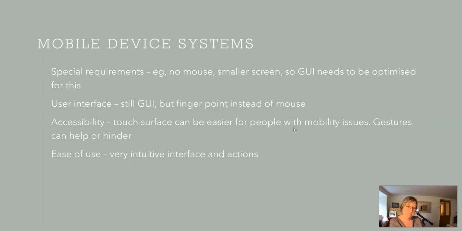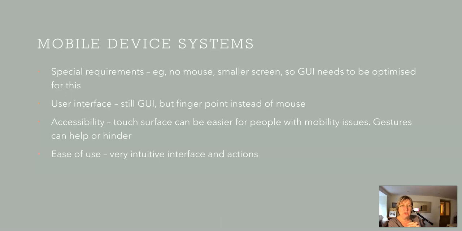And since the onset of mobile device systems, the user interface has changed even further. So there is obviously no mouse, the screen is much smaller, so it has to be designed with that in mind. So the GUI has to be optimized for that. So for example, now we use a finger instead of a mouse, and in, of course, more recent versions, speech recognition is really common.